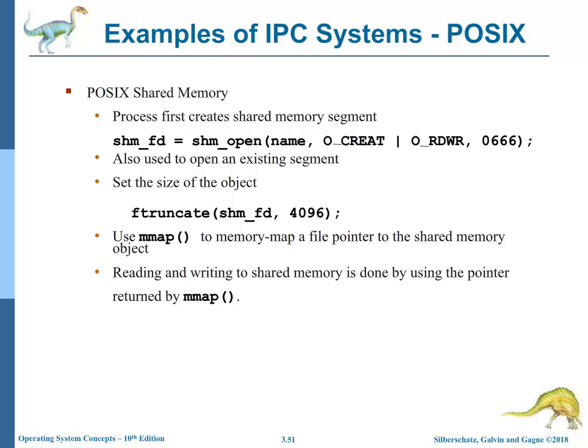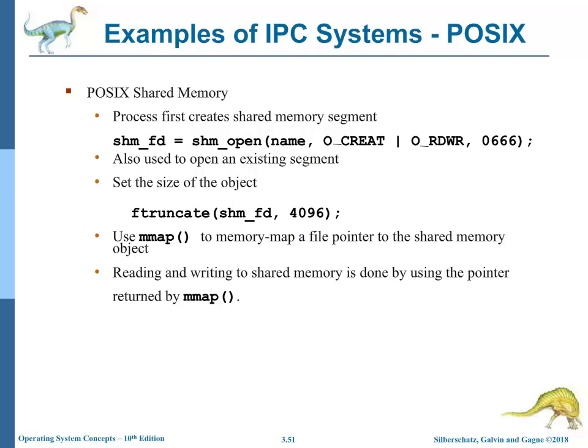O_CREAT, that means we are going to create this shared memory. Then vertical bar, then O_RDWR, that means the object is open for reading and writing. The last parameter, 0666, establishes the file access permissions of the shared memory object.